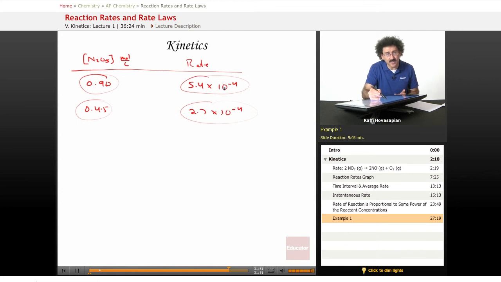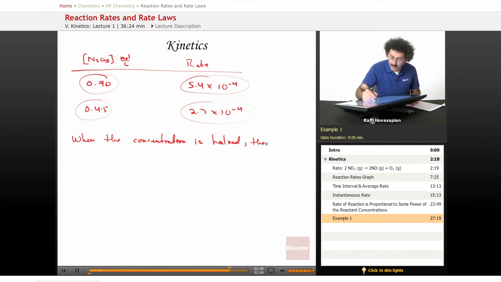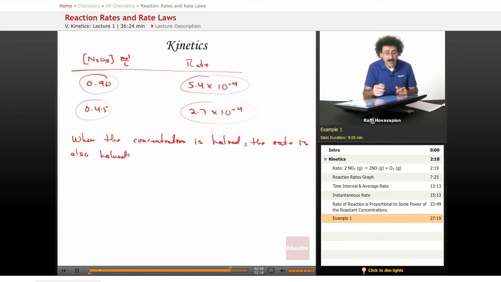So when the concentration is halved, the rate is also halved. It won't always happen like this, it just happens to be this particular data that we did.